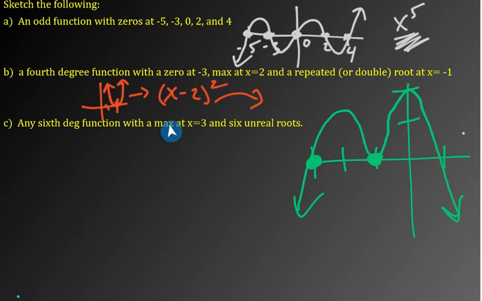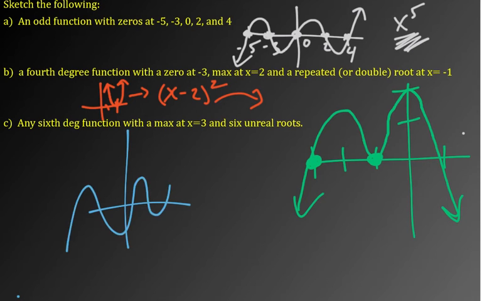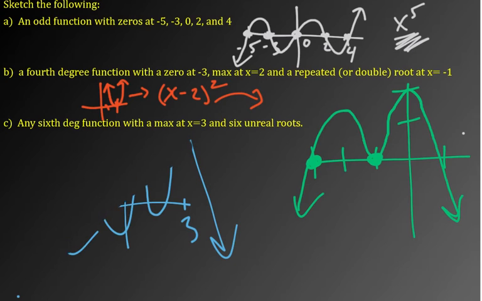A lot of times when people read this one, it sounds a little confusing, because if you have a max of 3, a lot of students want to make some sort of graph, and then at 3 they want a max, but this thing decreases down in both directions like that, which would then give you real roots, right? Because you're crossing the x-axis somewhere.